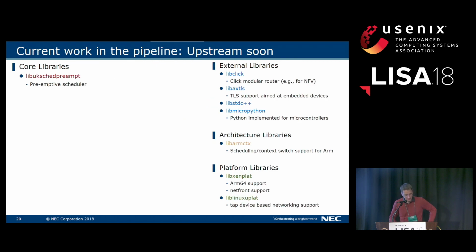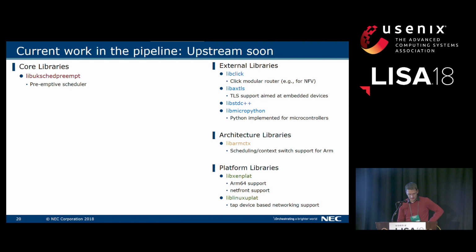In the pipe, we currently have a preemptive, round-robin based scheduler. Then external libraries are getting more complete, mainly to support more languages your program may be written in, like C++, the standard C++ library, or MicroPython.